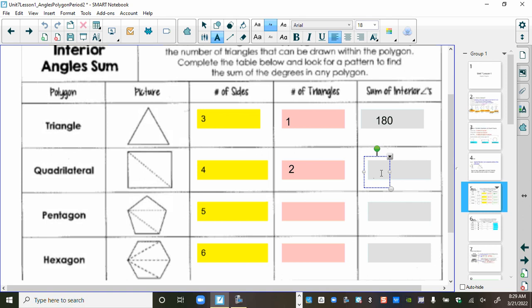What's 180 times 2? 360. What about the pentagon? So that means, okay, if we have three triangles, 3 times 180 gives us what number? So we need calculators. We should be opening up calculators and doing some multiplication tables. 540.